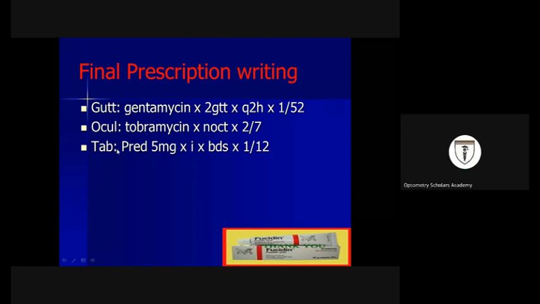Good, good. So it means tab prednisolone, 5 milligram of prednisolone tab. Then 1 means one tab. So you relate it with the tab. 1 means one tablet of 5 milligram prednisolone, 2 times daily for 1 month.